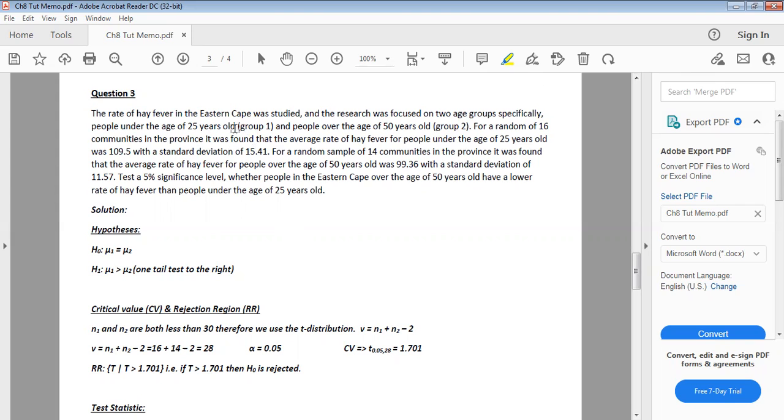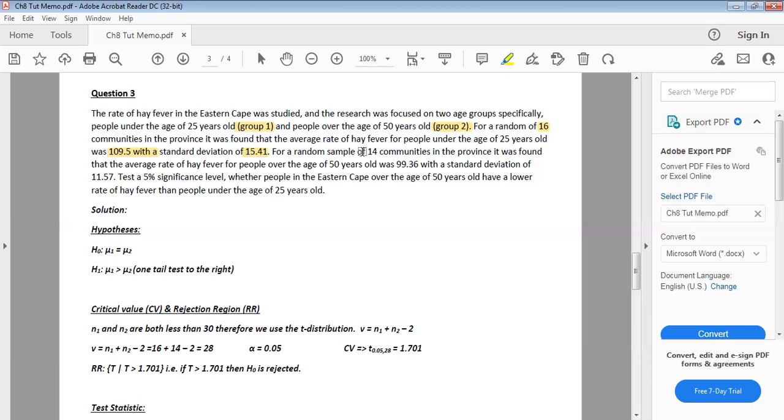So that's group 1, take note of that. And people over the age of 50 years, so group 2. They were given a random sample of 16, so N1 is 16, and in the community it was found that the average rate of hay fever was this. So that's the mean for the first group, and the standard deviation was 5.